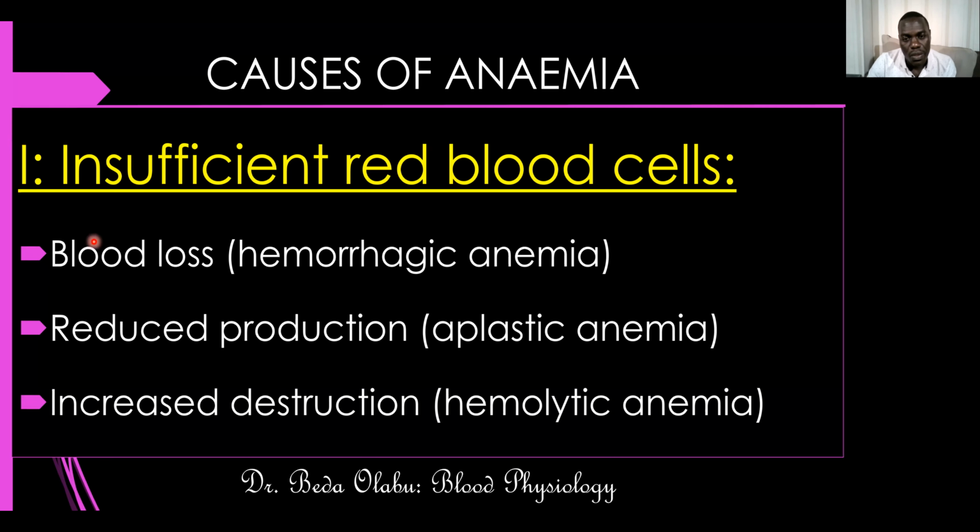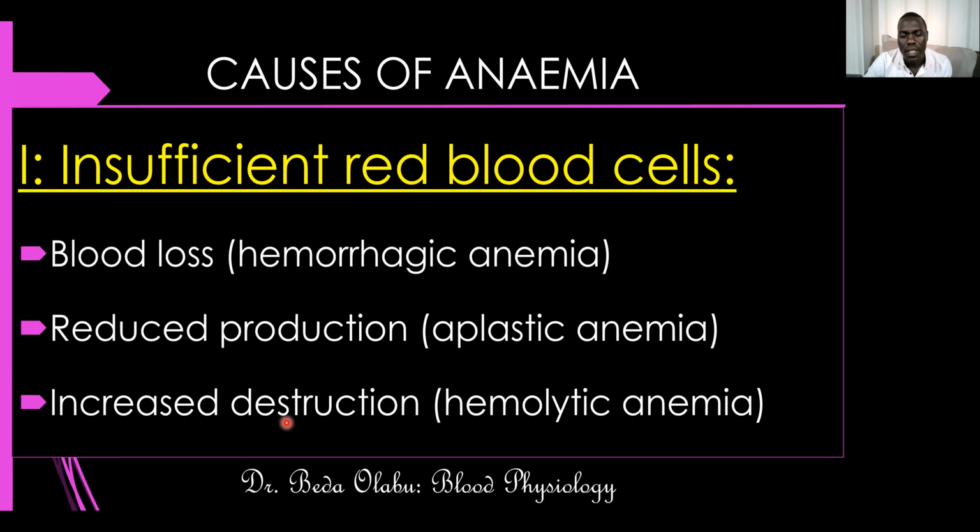Lastly, you can have reduced red blood cell count because the red blood cells are being destroyed prematurely. There is increased destruction of the red blood cells. Perhaps they're being destroyed even before 2 months, before 1 month, maybe after a week, they've already been destroyed. The death of red blood cells is what we call hemolysis.